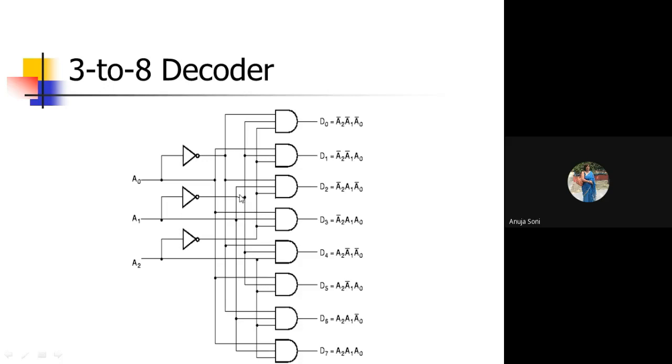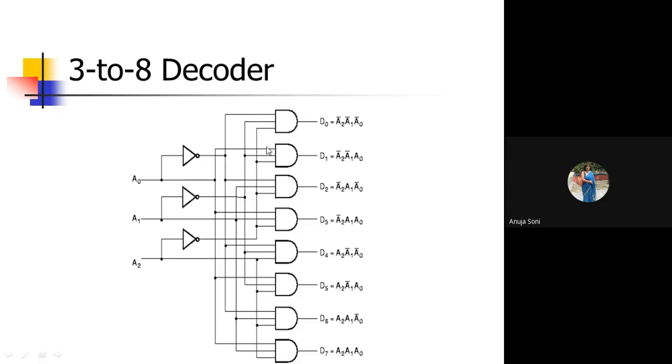Bring this line at any point, in any direction, and take it to the AND gate of D0. Similarly for A2, search from where it is coming out. It is coming out from this inverter gate. So again, you have to bring this line and join it in the direction of D0. That ultimately will become your D0.